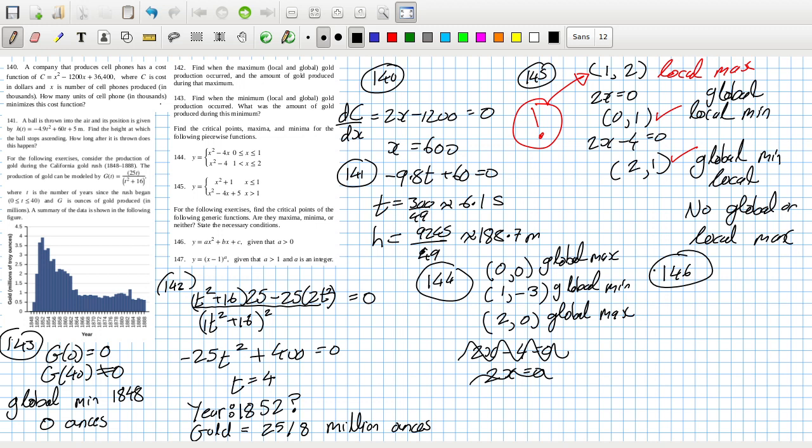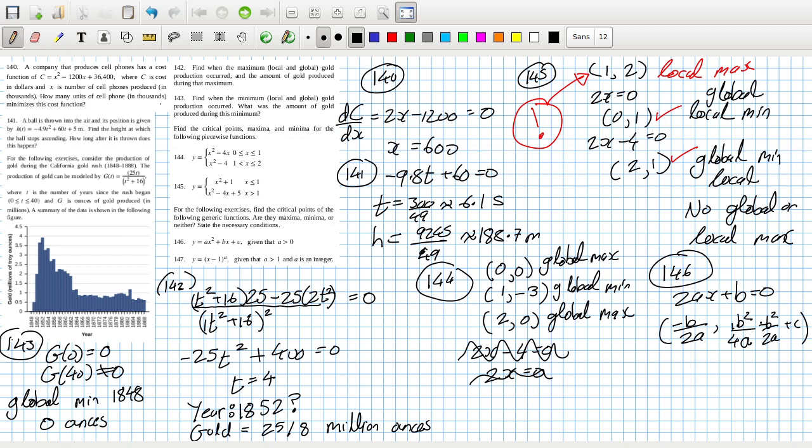Okay, 146. State the following exercise: find the critical points of the following generic function. Are they max, min, or neither? Okay, so this would be when 2ax plus b equals 0. So that would be when x is minus b over 2a. And then you just sub that in. So that's a times b squared over 4a squared plus bx minus b squared over 2a plus c.